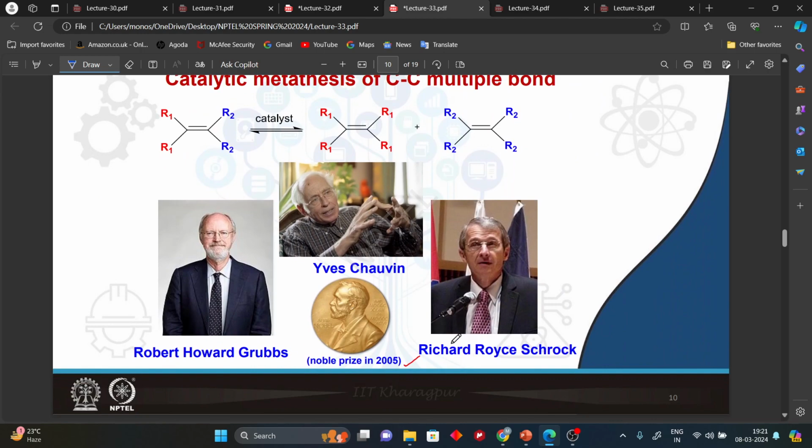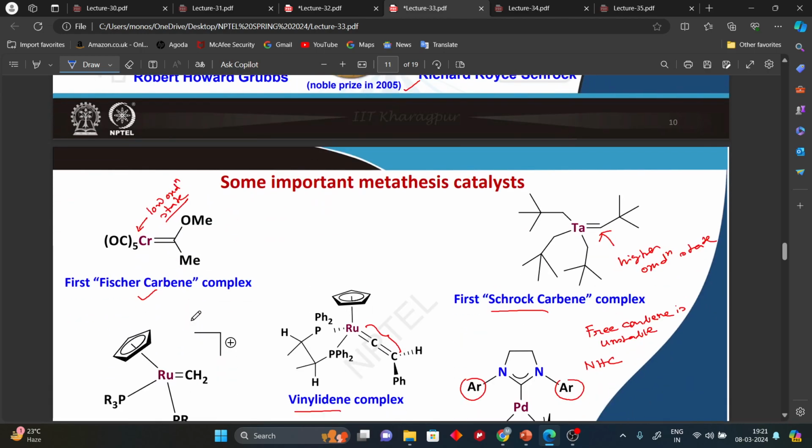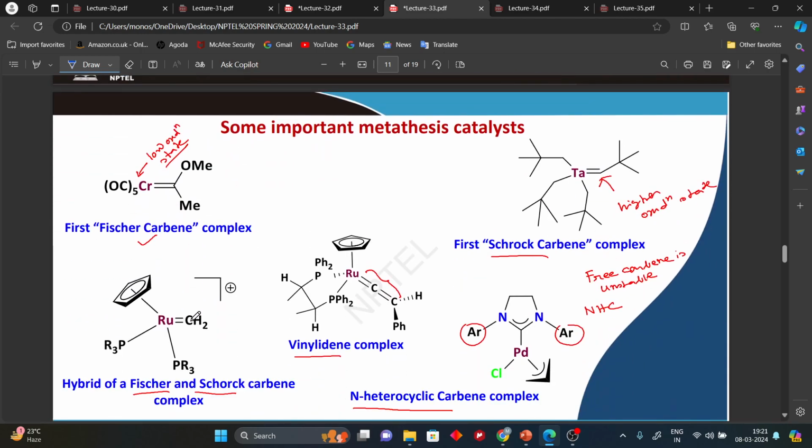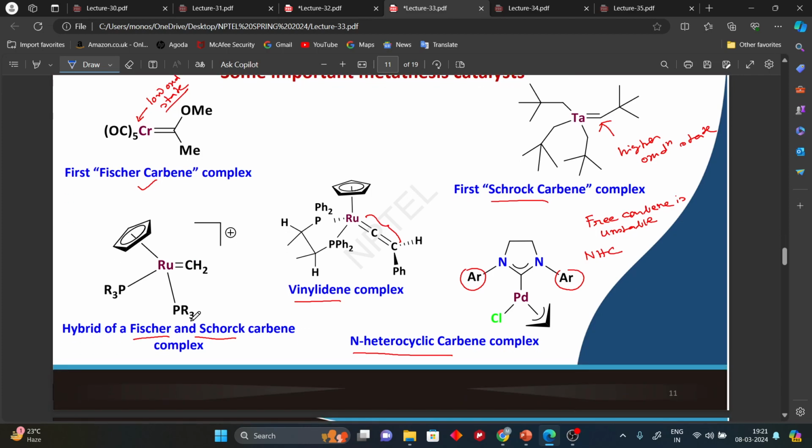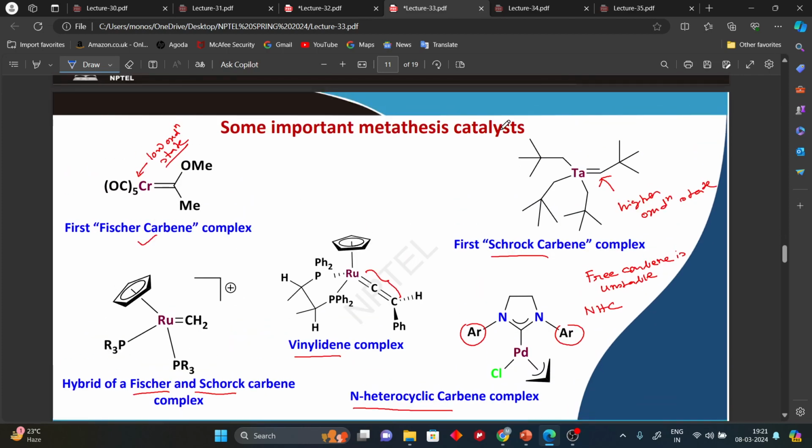So these are important synthesis catalysts that are used. These feature carbene in a low oxidation state, and the tantalum-based ones have a higher oxidation state of carbene.